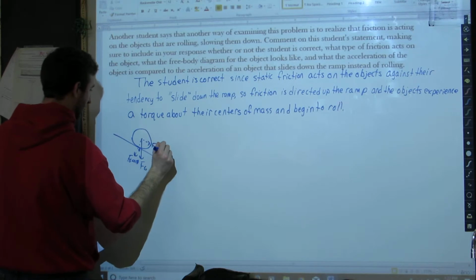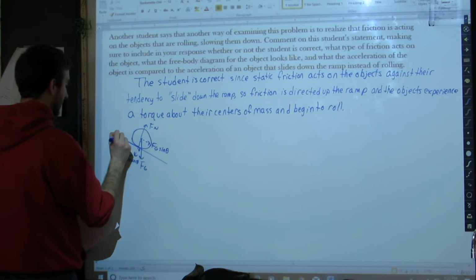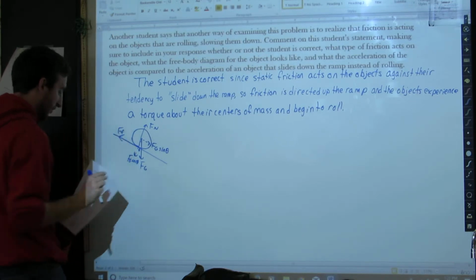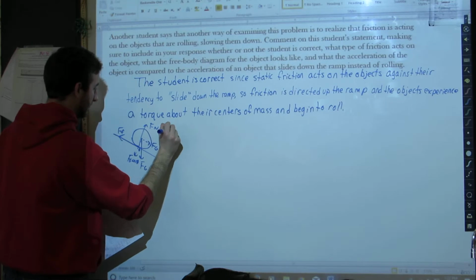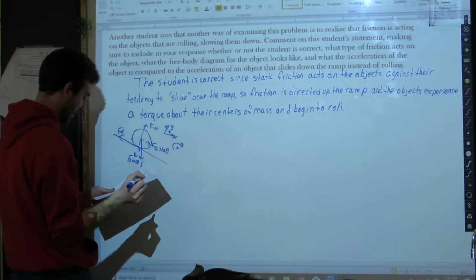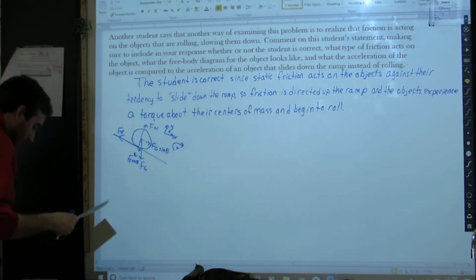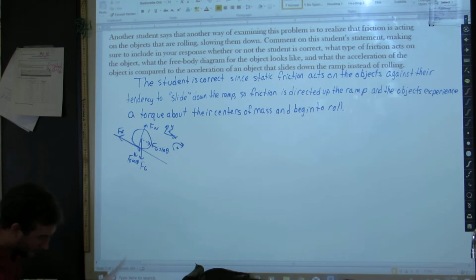Here's Fg sine theta. We've got the normal force, and the force of friction. So our net force equation would look something like this.